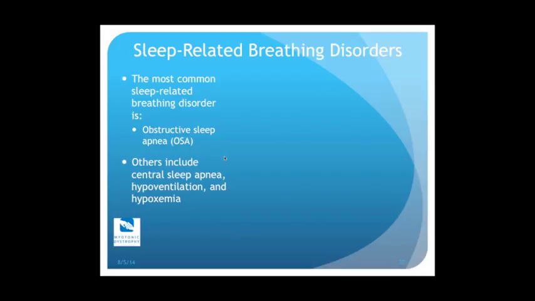Hypoventilation, think of it just as kind of shallow breathing, and given some of the respiratory findings and weakness in myotonic dystrophy, when you fall asleep at night and are sleeping on your back, you might tend to hypoventilate, breathe shallowly throughout the night.